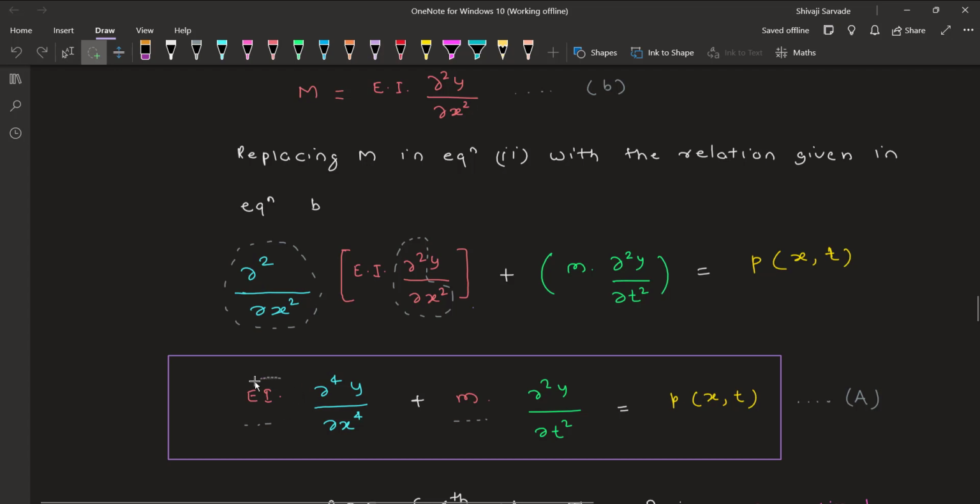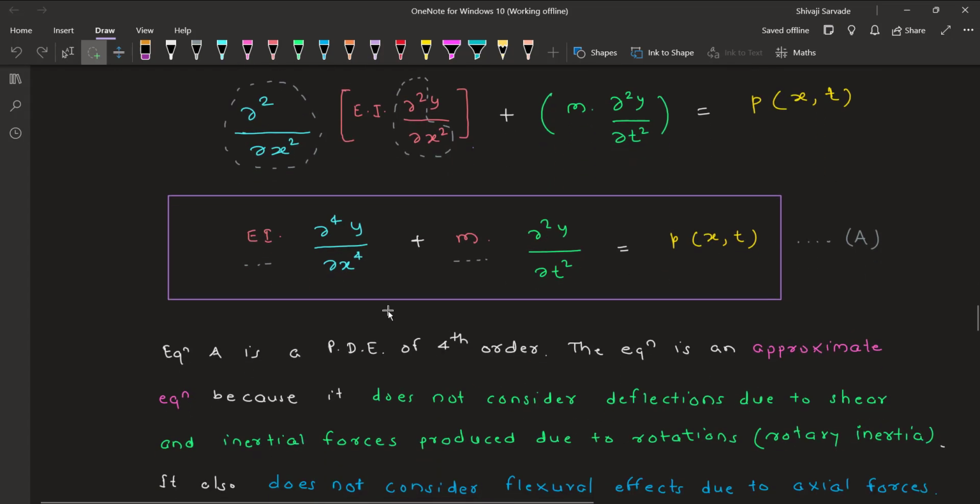Now if you observe very carefully, this EI and this m, which is the mass, don't confuse this with moment. Moment is denoted by capital M and mass is denoted by small m. So these three terms are constant, which we have assumed for Euler-Bernoulli beam theory. Now this is the fourth order partial differential equation, but this is an approximate equation because it has the underlying assumptions of Euler-Bernoulli beam theory.